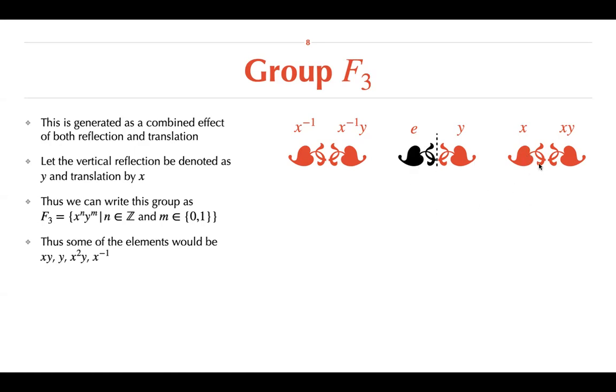Now that's a convention that we use in math or in physics also: if you write X, Y, it means that Y is performed first and X is performed later. This is just a convention. So now if you perform this by X, this will translate to this position, because X is translating the basic unit, and Y is reflecting it about the Y axis. Is this clear?